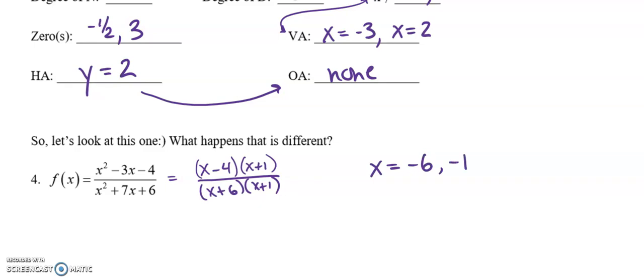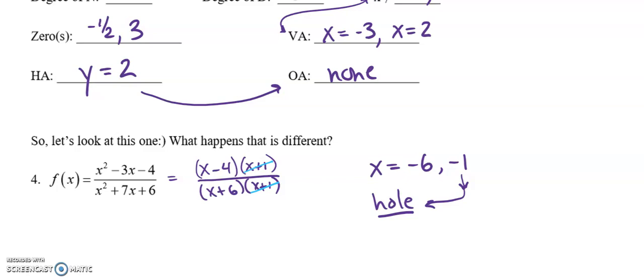But if you notice, the x plus 1 and the x plus 1 cancel. So what that creates is something called a hole. At the point where the -1 would have been, we will have a hole there. We will not have a vertical asymptote.